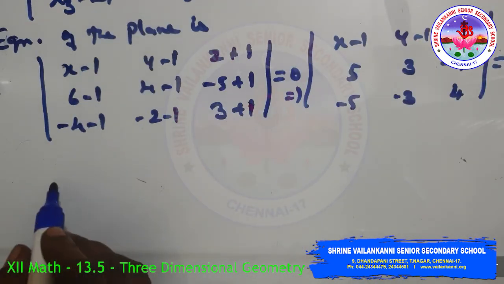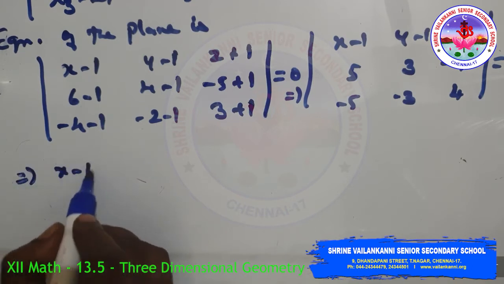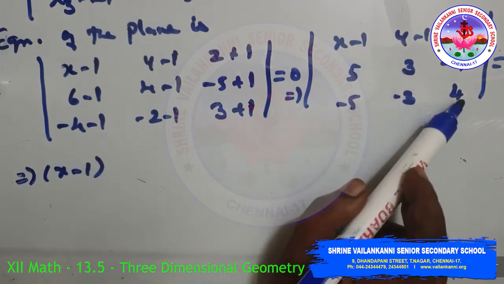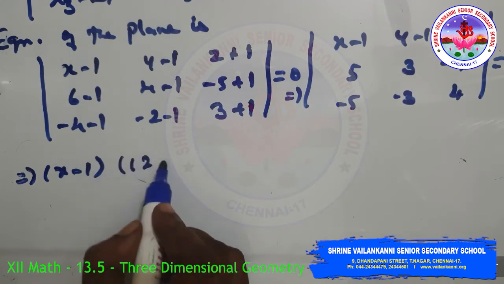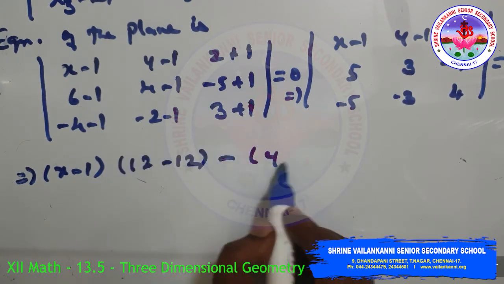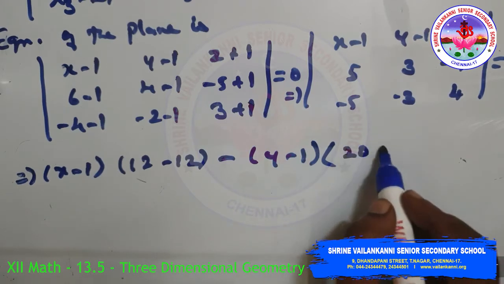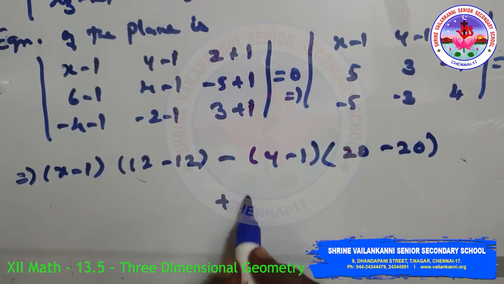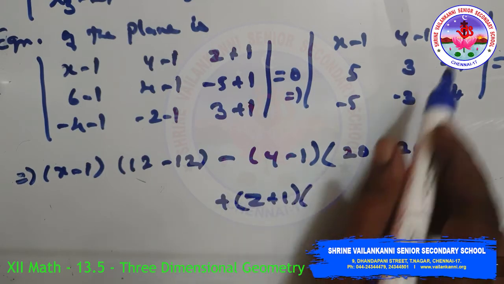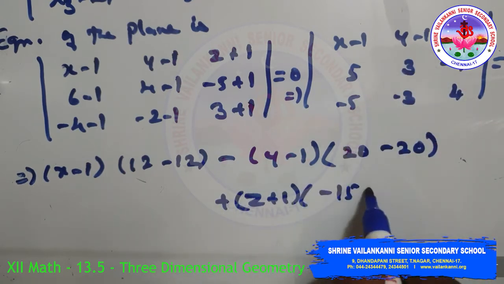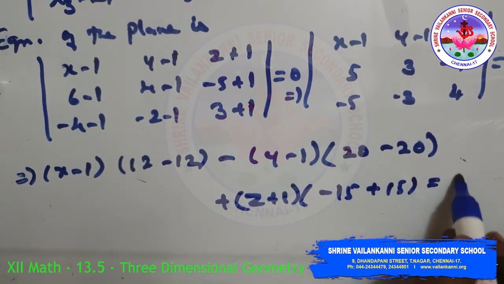Expanding along the first row, we get (x - 1) into (12 - 12), then minus (y - 1) into (20 - 20), plus (z + 1) into (-15 + 15), equal to 0.